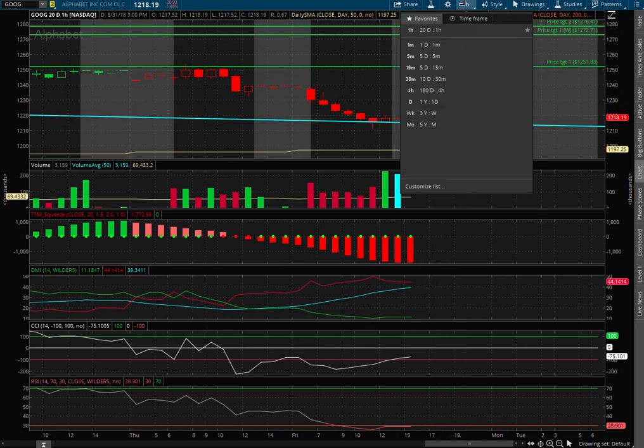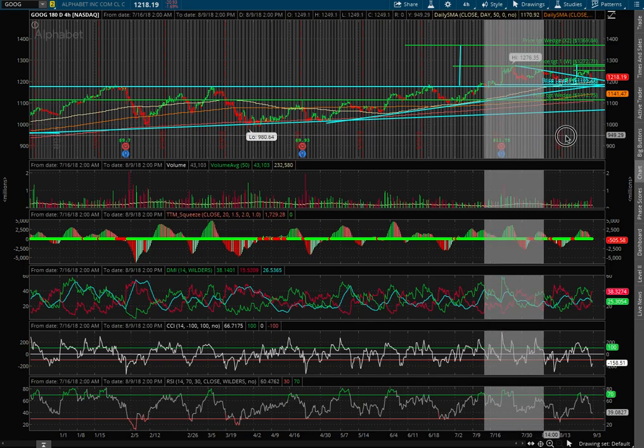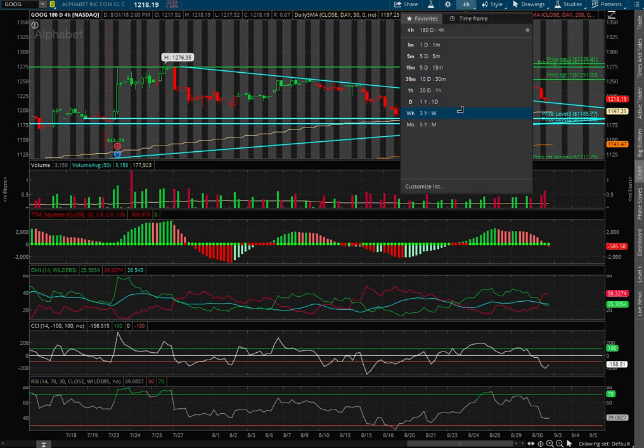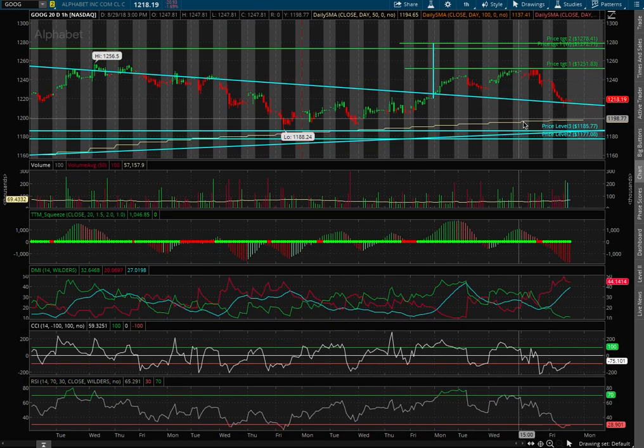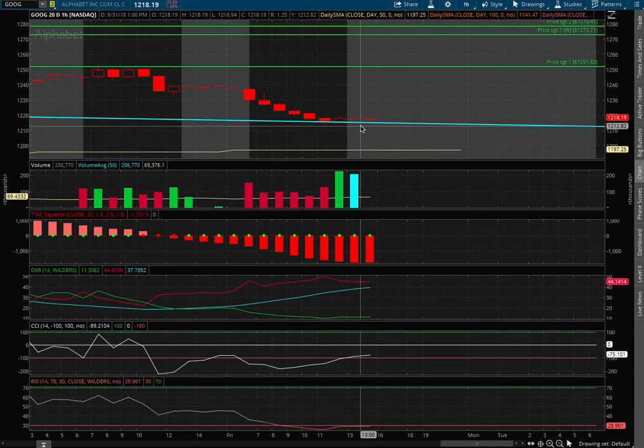So I'm looking at my 4-hour chart and my daily for my patterns, and then I'm getting my entry on my 1-hour because I want the best entry possible.